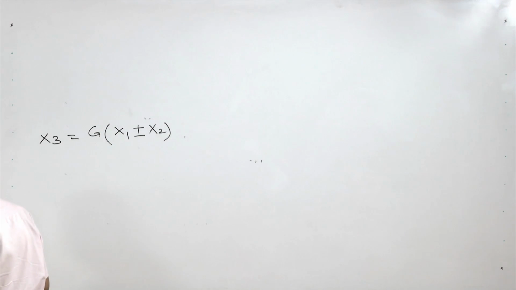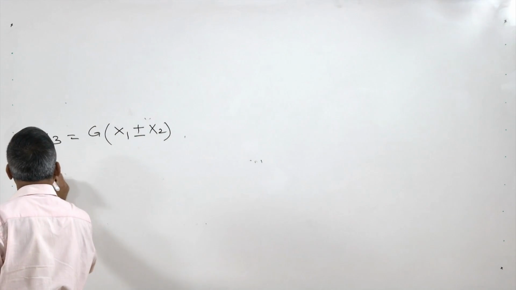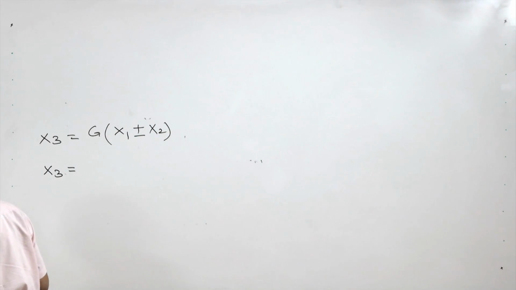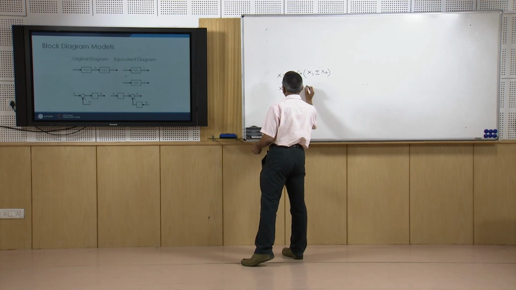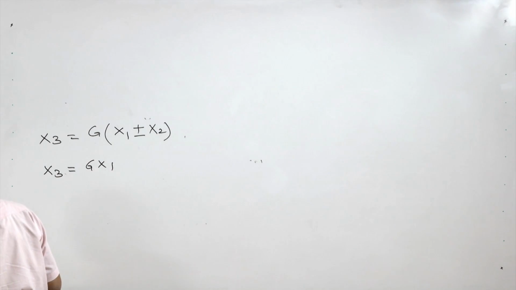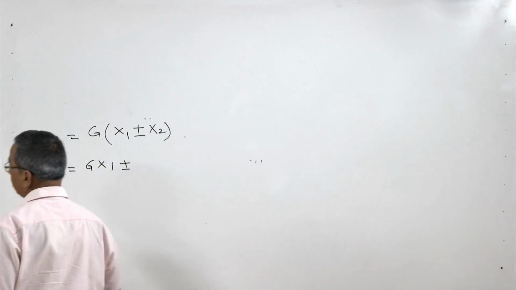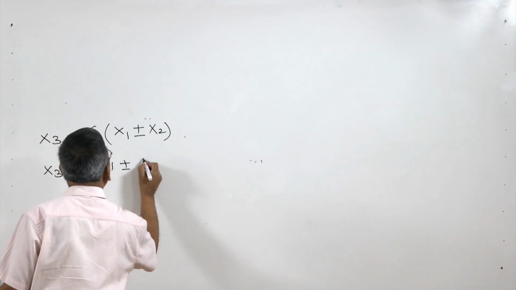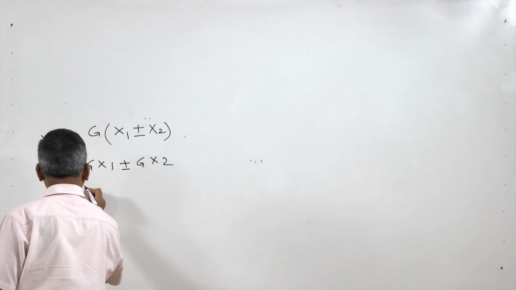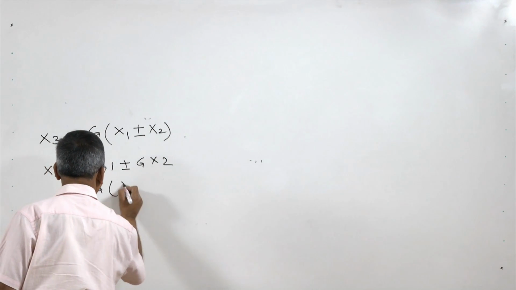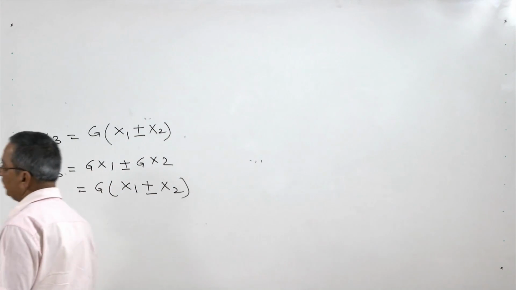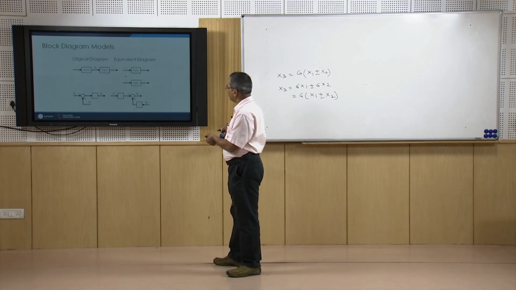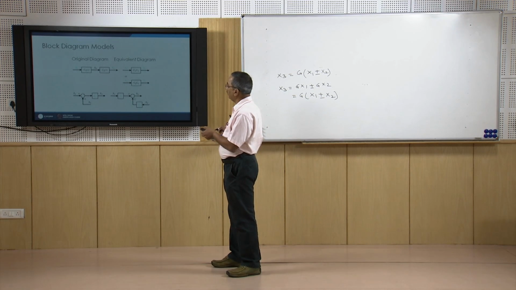And if you look at the second one, x3 is equal to g times x1, and here we will have plus or minus g times x2. From here basically I can take g out. So, this is x1 plus or minus x2. So, we get the same expression. This is why this is equivalent for this block.